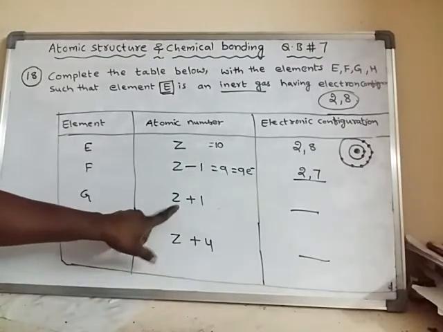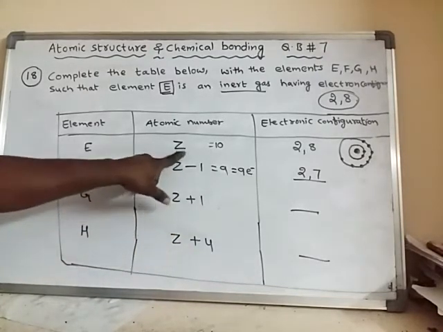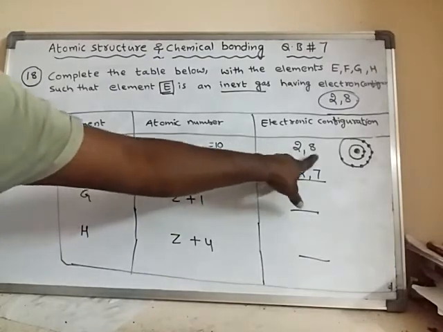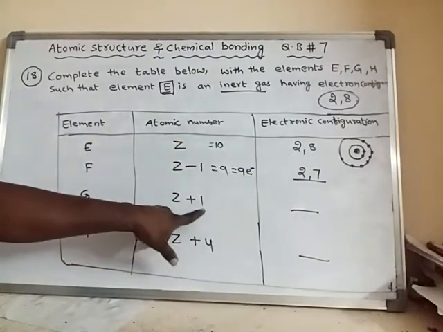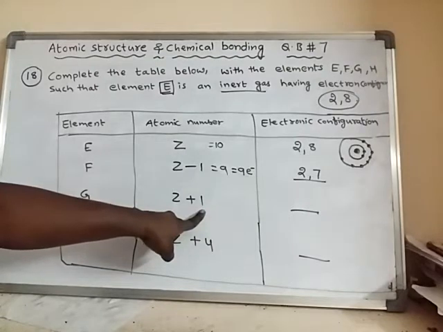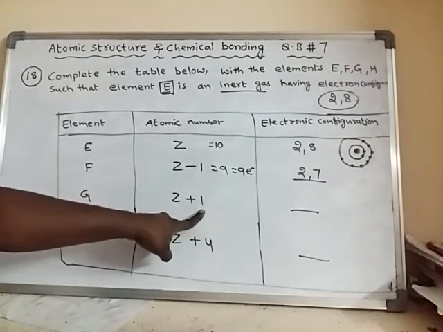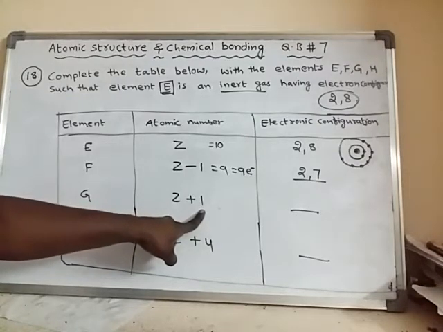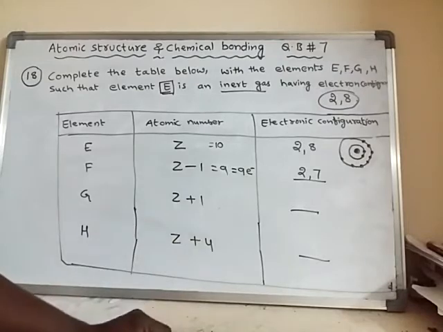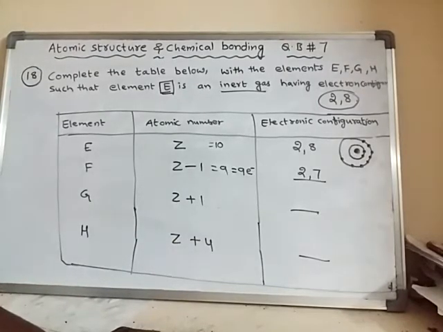So here in Z the configuration is 2, 8, and one more electron we have to add. If the outermost orbit contains 8 electrons, we cannot add any electron to that orbit. Suppose if there are 7 electrons, we can add.